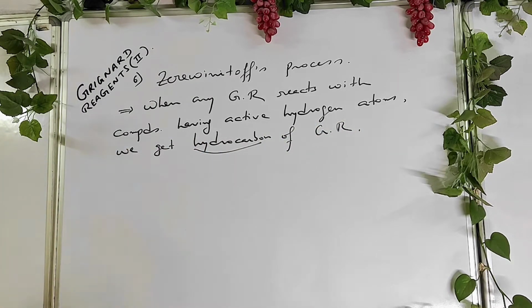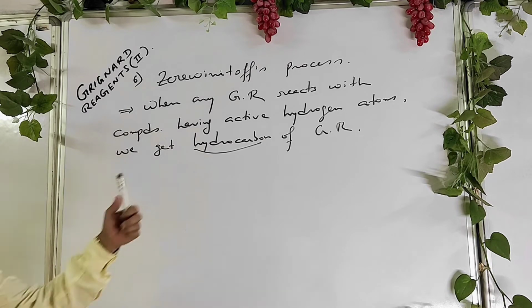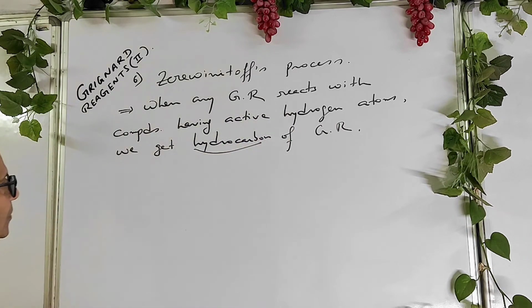So remember, whenever any Grignard reagent reacts with compounds containing active hydrogen atoms, active means acidic, we get the hydrocarbon of the corresponding Grignard reagent.